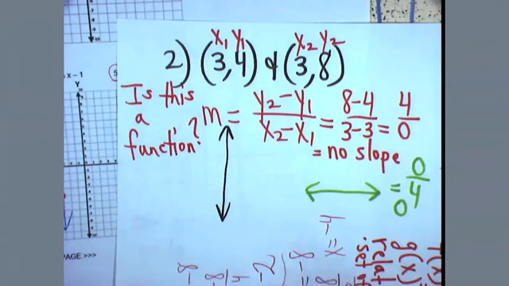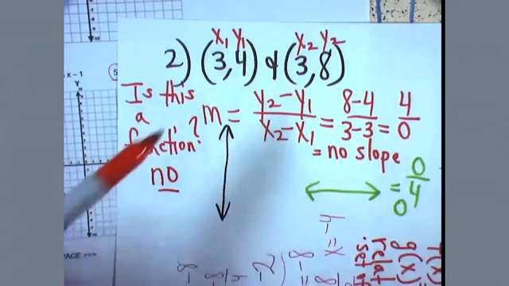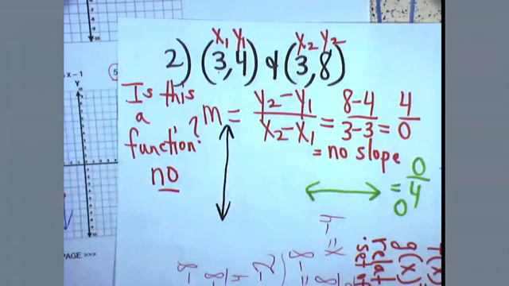Well, the answer is no. The reason why this is not a function is because the x values repeat, or the x coordinates repeat. So this would not be a function at all.